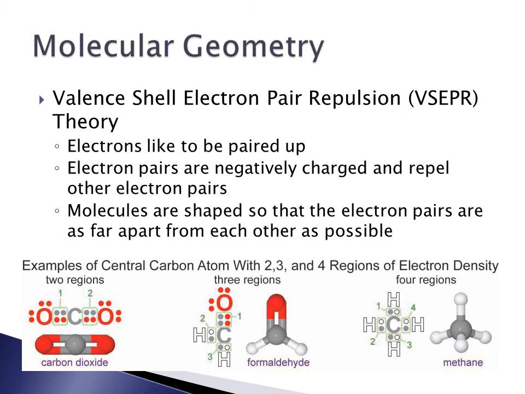So, if we look at carbon dioxide, there are no lone pairs of electrons on the carbon. There are just these 2 double bonds. Those 2 double bonds will try to be as far away as possible from each other, causing a flat line. Okay? 180-degree difference. That's as far away as we can get those electrons from each other.